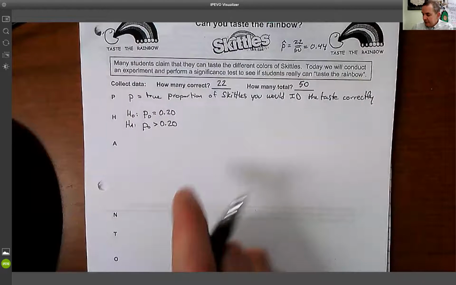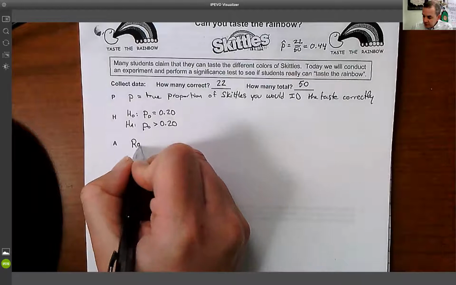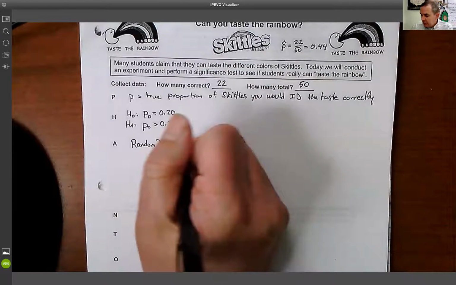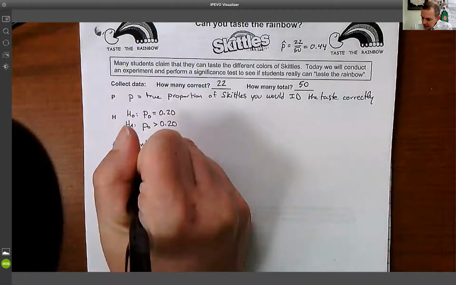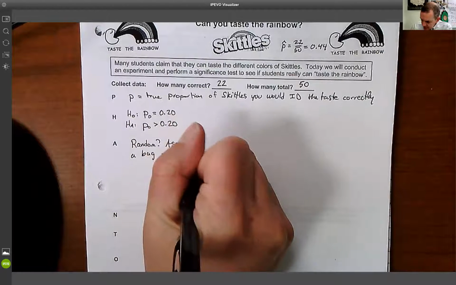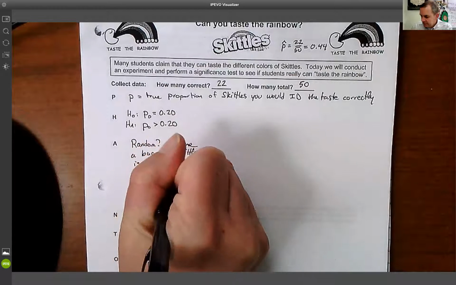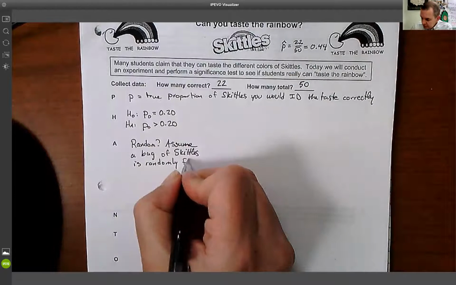Now we get to A, where we validate the assumptions. The first one we're going to validate is random. In this case, we can assume a bag of Skittles is randomly filled.